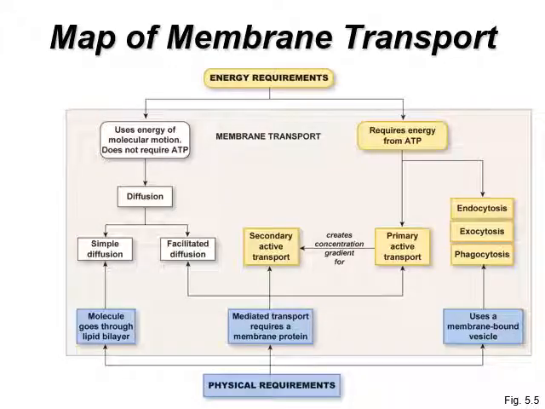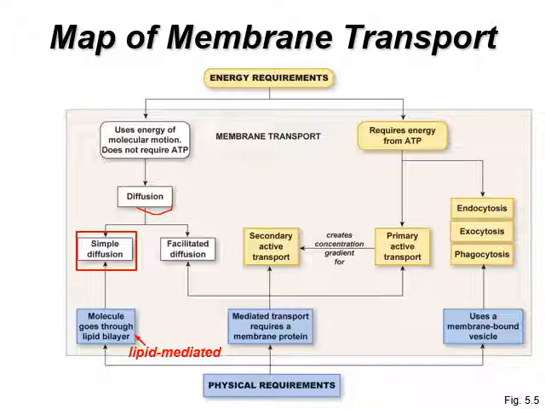So on our map of membrane transport, where we're going to head to first is simple diffusion. All the properties of diffusion apply. So the molecule is going to move from high to low. It's not going to move from low to high. That's the driving force, the kinetic energy.